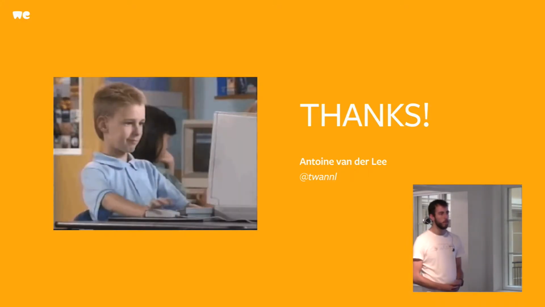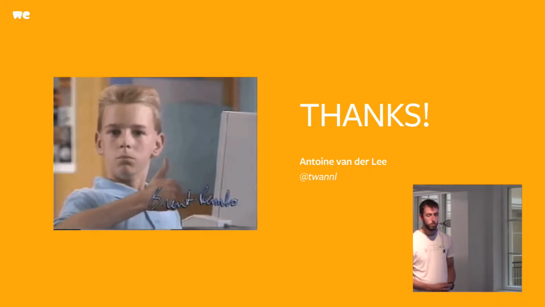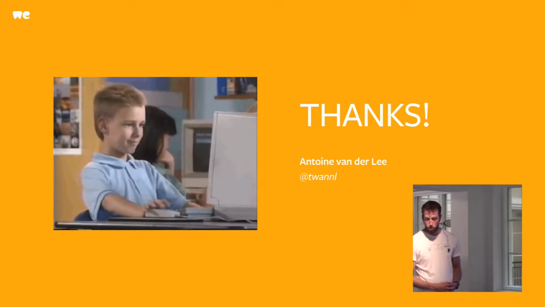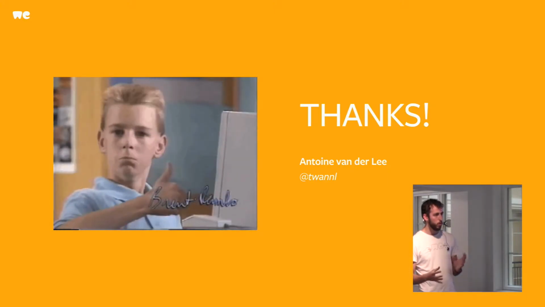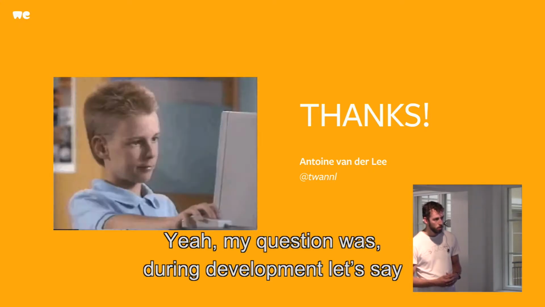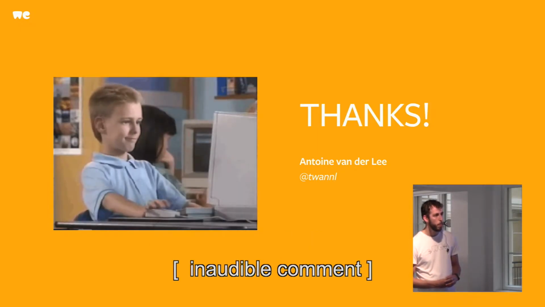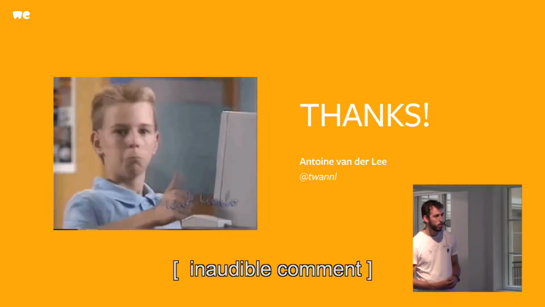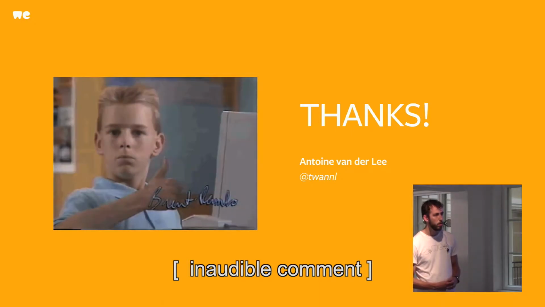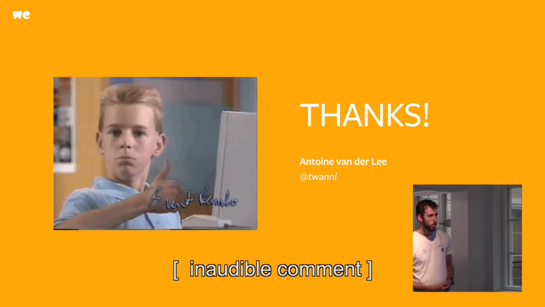Well, that's interesting as well. We don't use any package managers, so no CocoaPods, we only use submodules. But what we do, you mean before we decide to open source it? Yeah, my question was that during development, let's say you need one more feature in one of the frameworks. So first you implement it, right? Mm-hmm. In CocoaPods, for instance, you need to either give a new version or point directly to a branch.